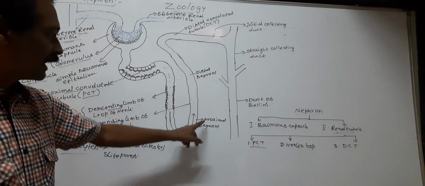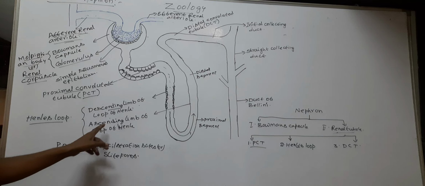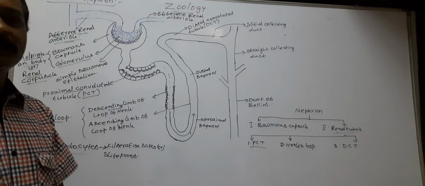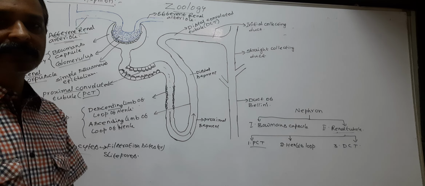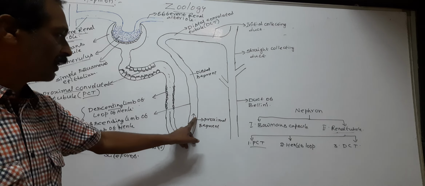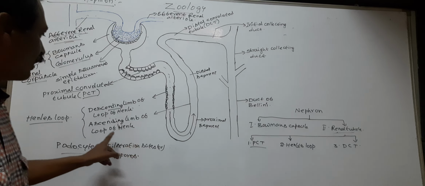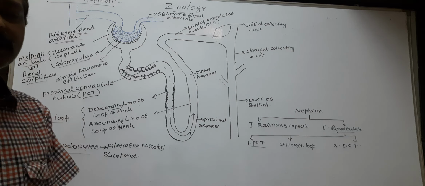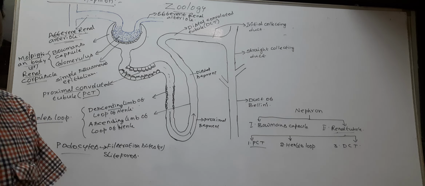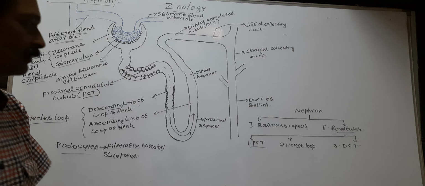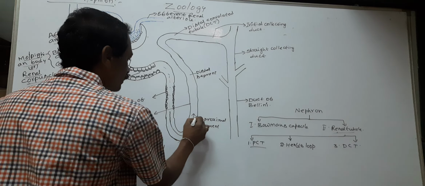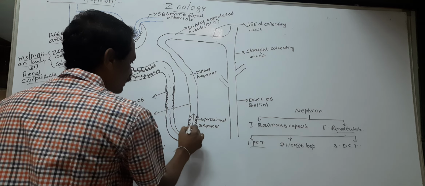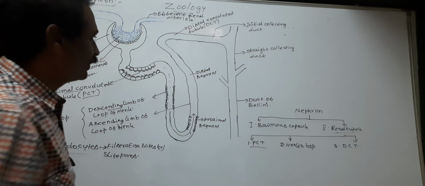The proximal segment of the ascending limb is very thin. The thin bordered proximal segment of the ascending limb of loop of Henle is lined by simple squamous epithelium.